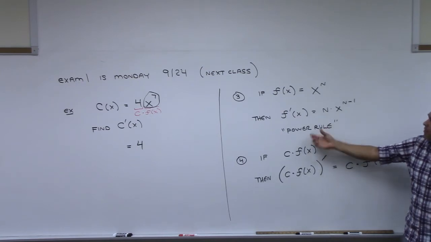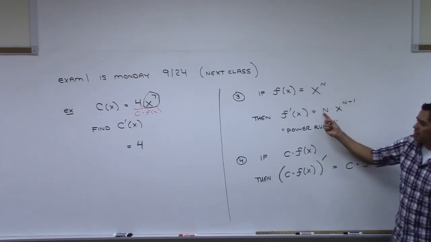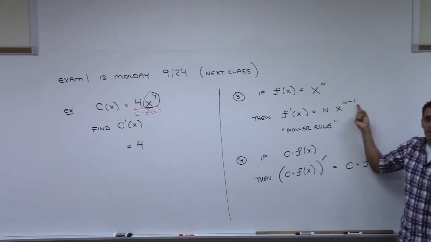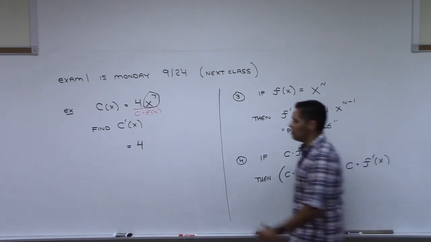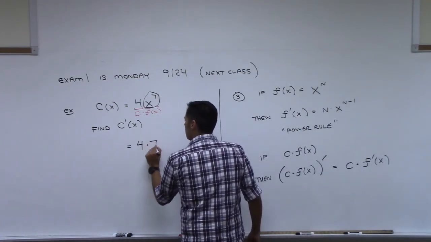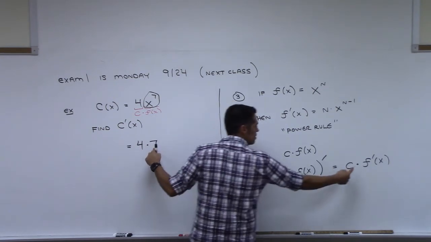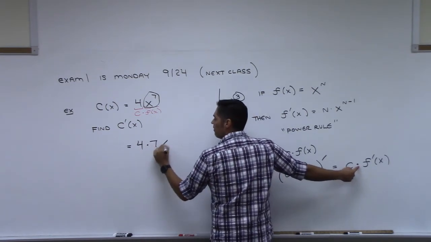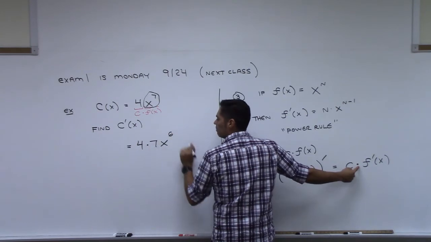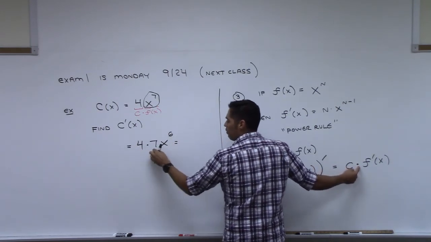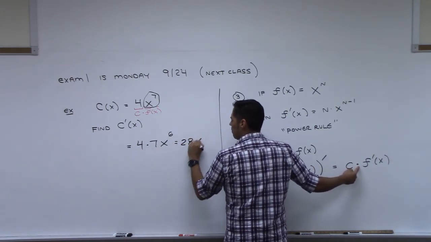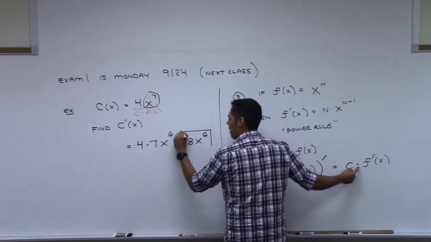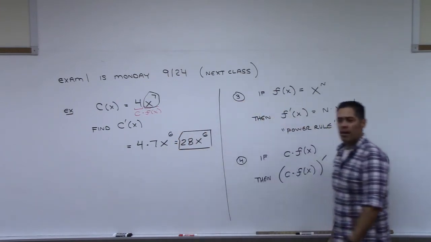We have x to the 7th, so the 7 is going to come out, then we subtract 1 from 7. That's multiplication here, because that's what it turns out to be: 7x to the 6th power. And now you can just multiply 4 times 7, that's 28x to the 6th, and we're done. Okay?